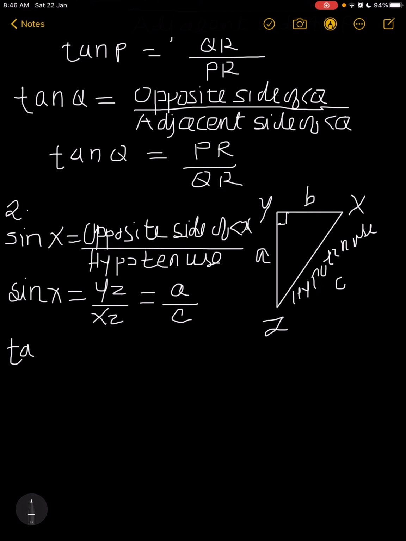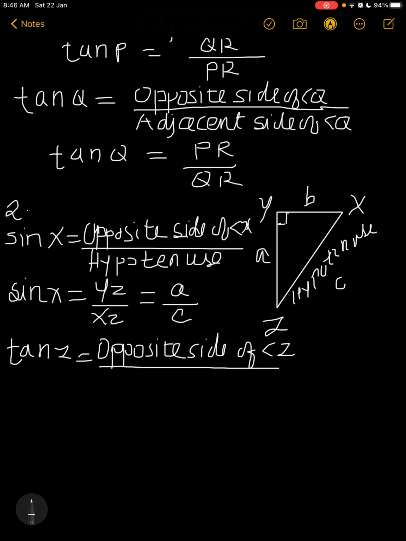Then the next one is tan Z. For getting tan Z, I am going to write the definition here in the beginning. For angle Z, we divide the opposite side by the adjacent side.